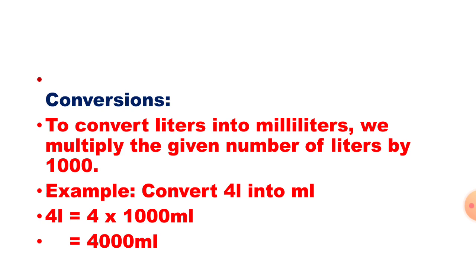Now, I want you to listen carefully. Remember, 1 liter is equal to 1,000 milliliters. So, 4 liters will be 4 times 1,000 milliliters. And 4 times 1,000 is 4,000 milliliters.